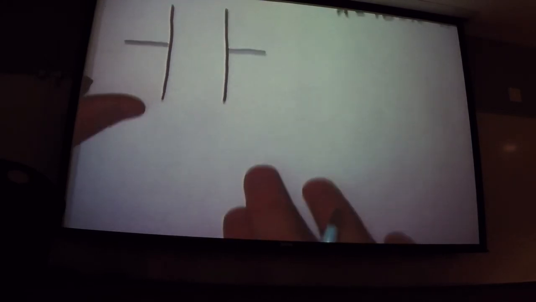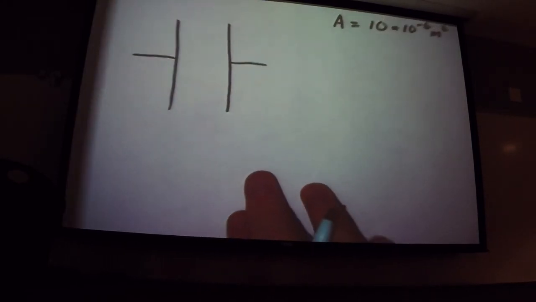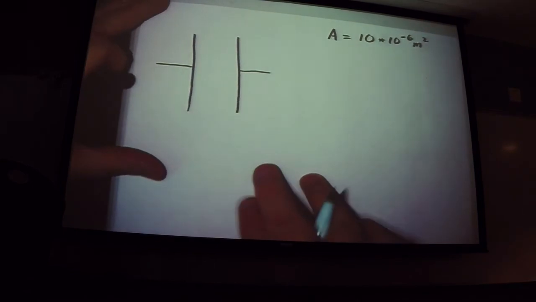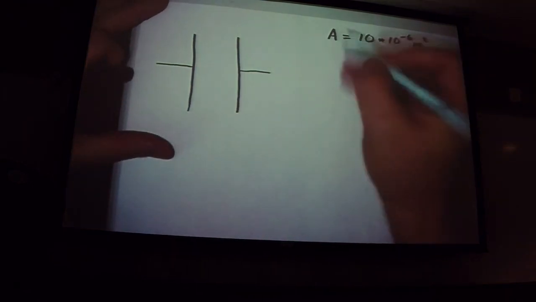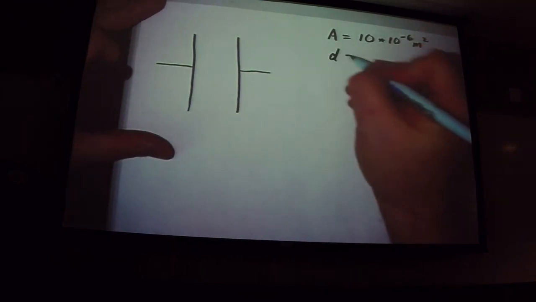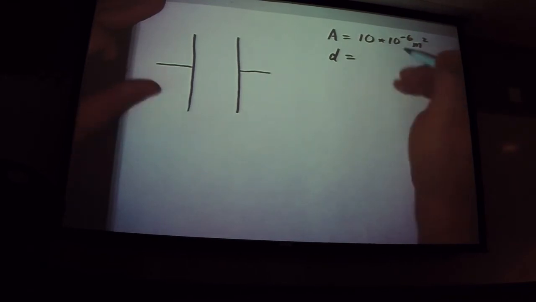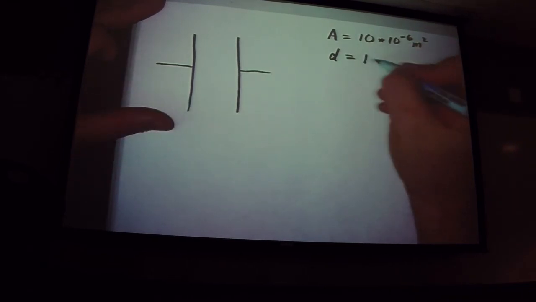The area of my plates is going to be 10 times 10 to the negative 6 meters squared. My distance d between the plates is going to be 1 micrometer.